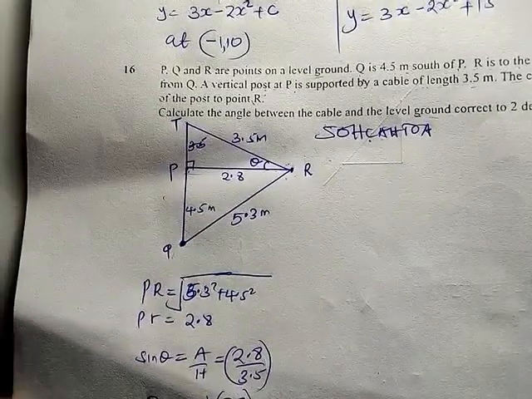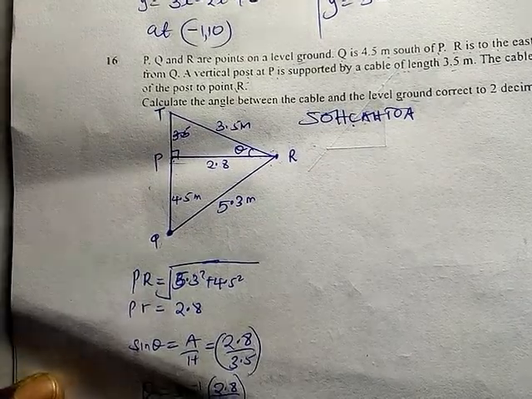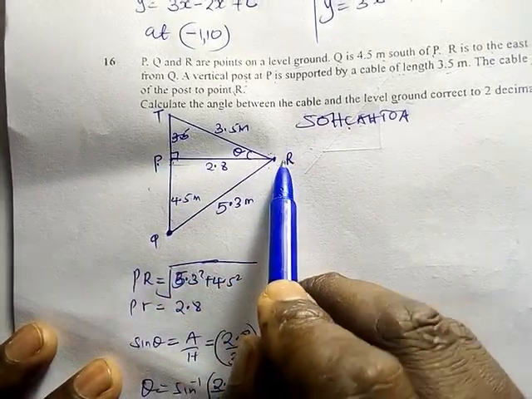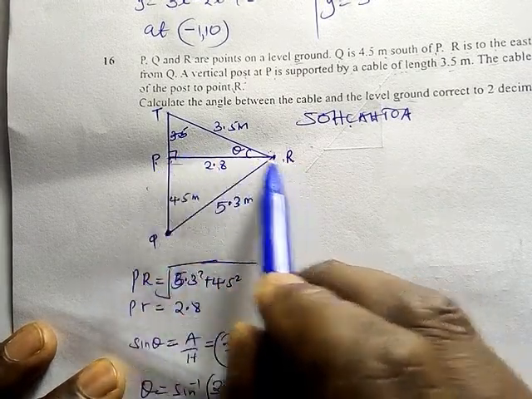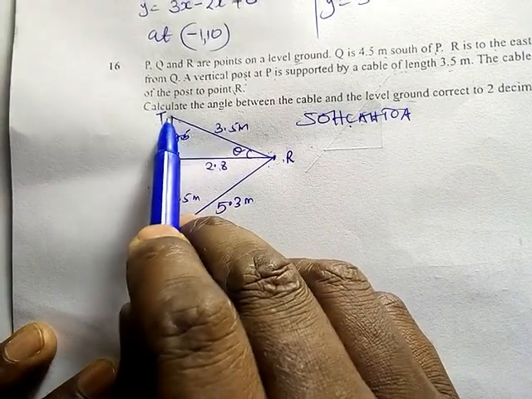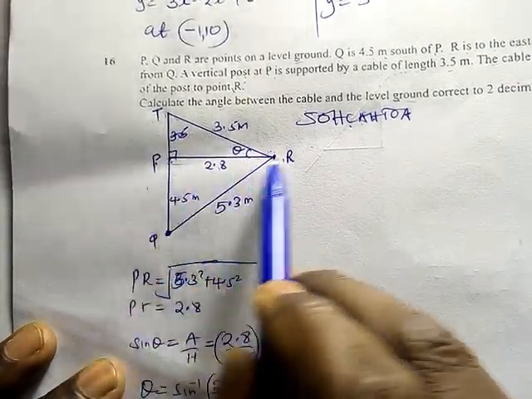I will just show you what I have done here. We have our point P. R is to the east of P, 2.8 meters. And this is the cable joining the top T. Remember, these points are on the ground.